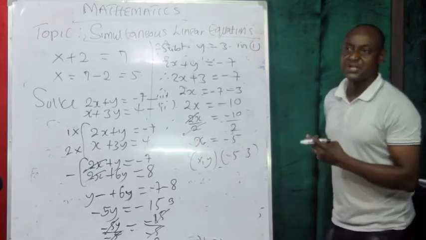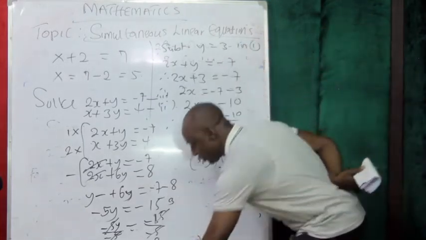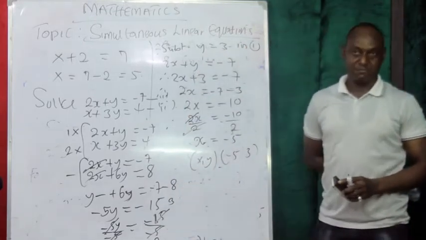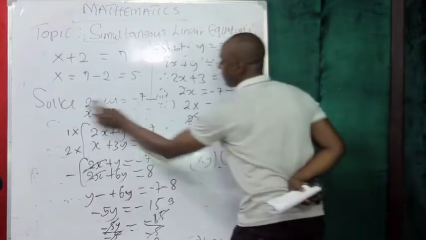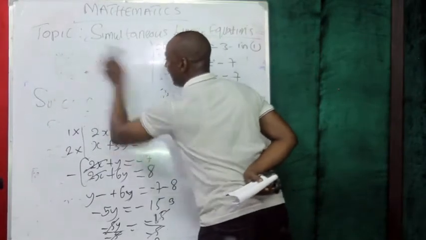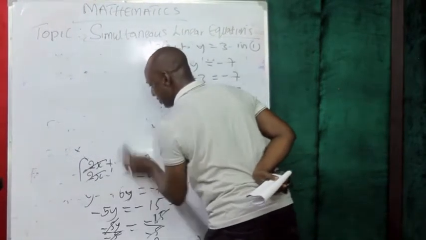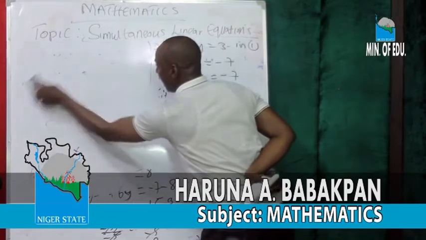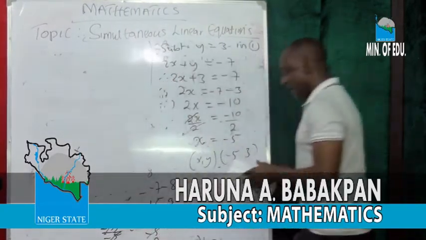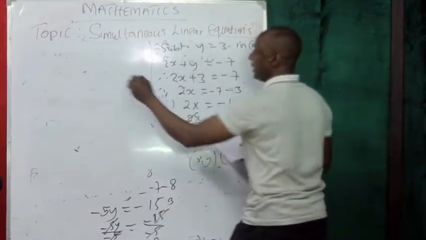In addition to this, sometimes questions may be given to you in a fractional form. Let me demonstrate that so that you can also achieve that. Sometimes a question may be given to you in this form.